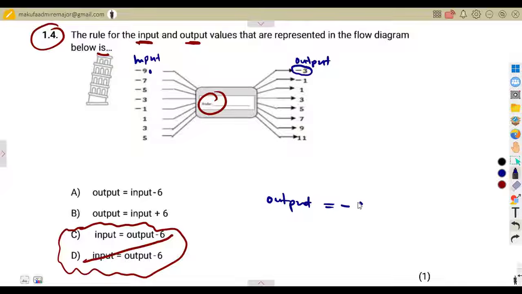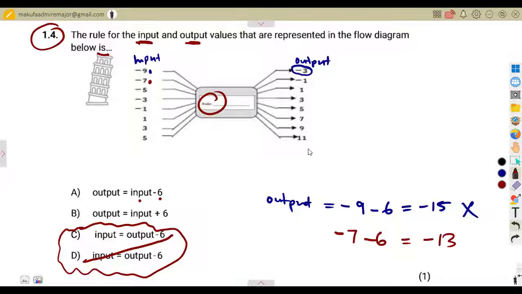So minus 9 minus 6, what are you going to have? Minus 15, which is not minus 3. So this is totally wrong. Do it the same way again on another number. Minus 7 is the input. So input minus 7 minus 6. What are we going to have at the end?